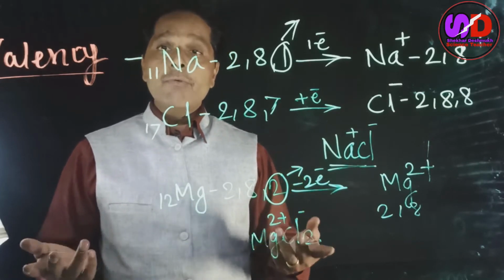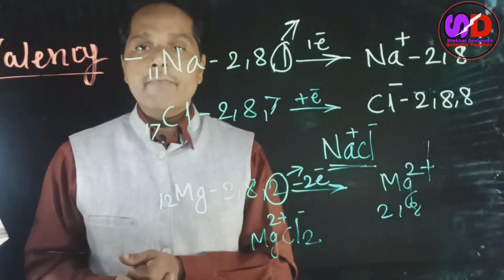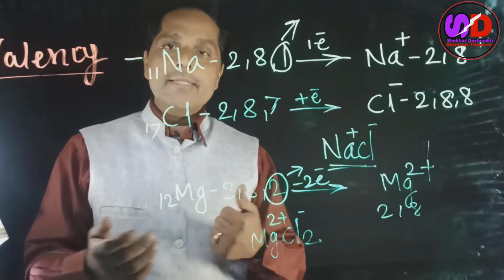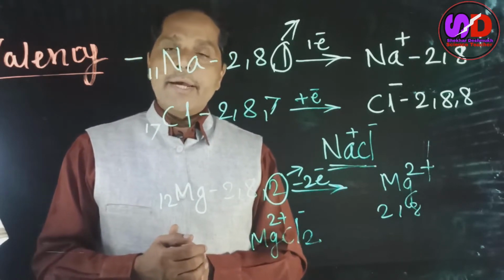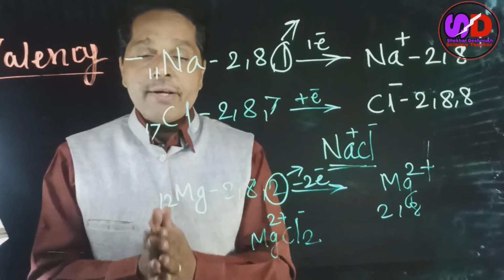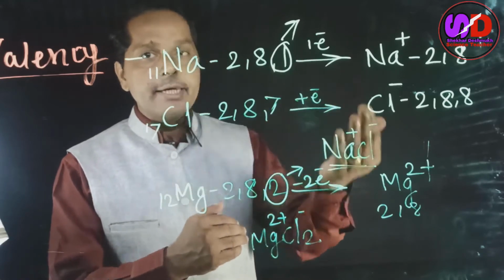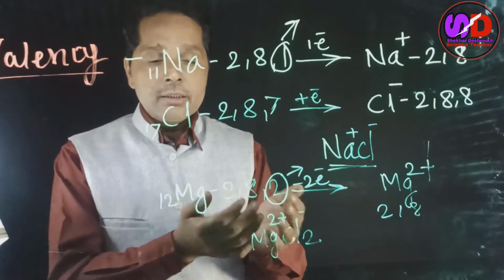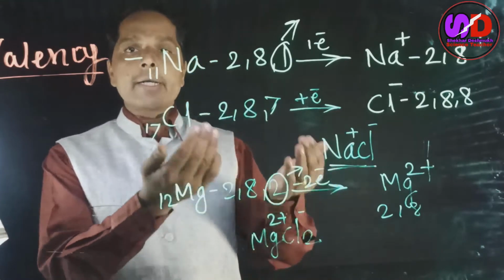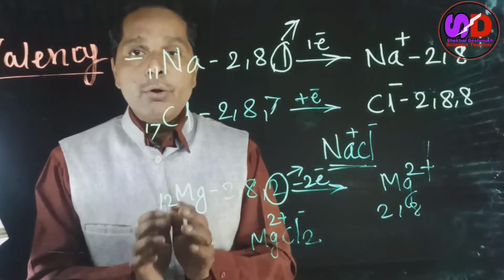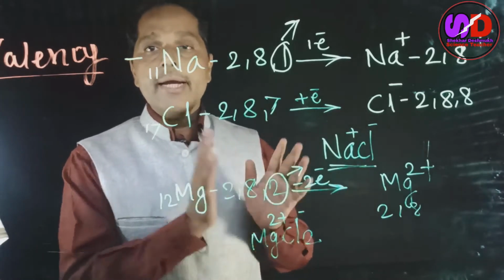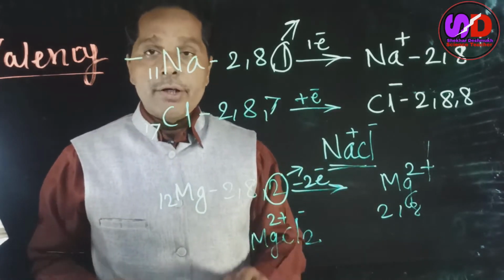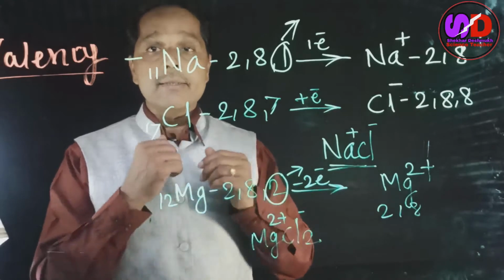So now tell me, what is valency? It is nothing but the number of electrons either given by an atom or accepted by an atom during a chemical reaction or during formation of ion.